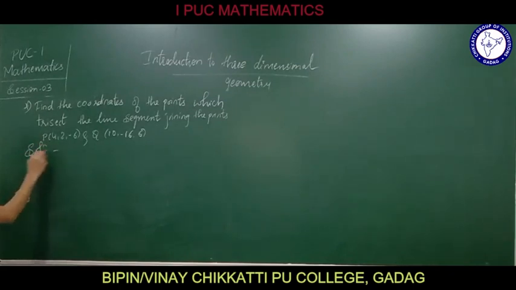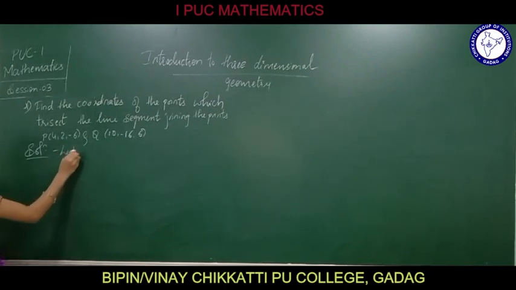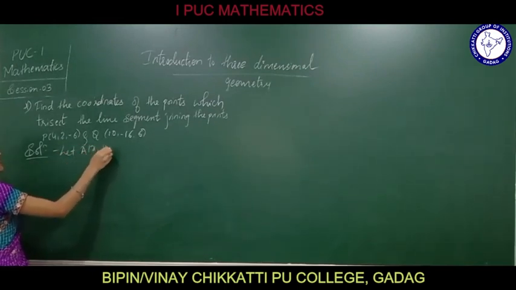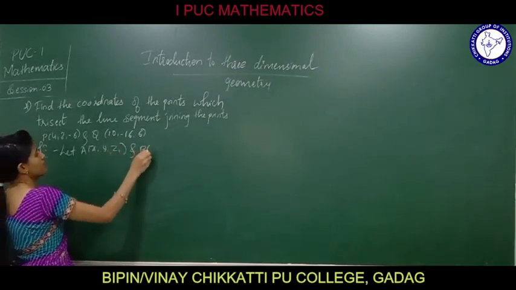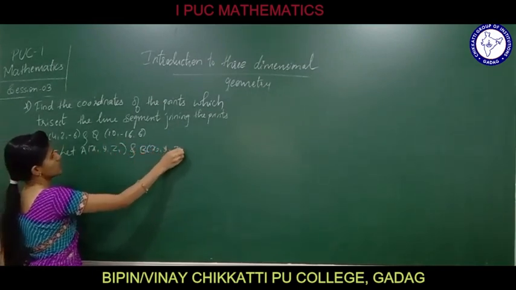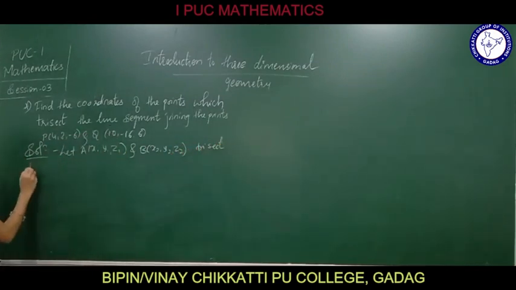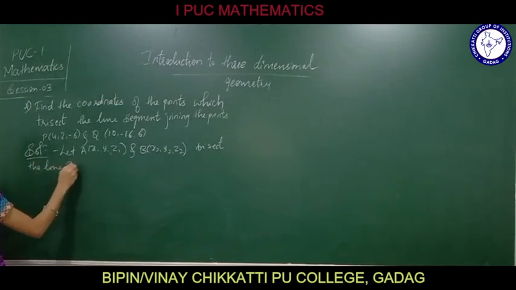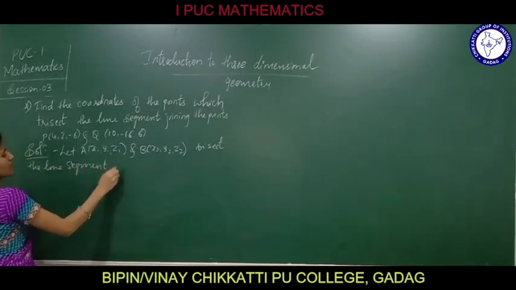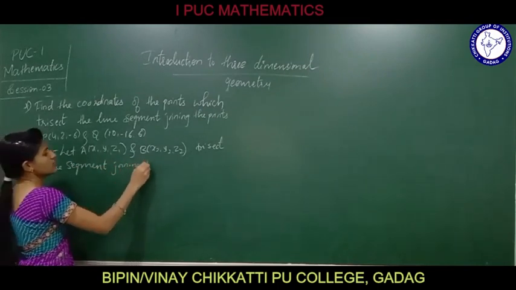Let us start finding the solution. What we are going to do is, let us consider these 2 points which are going to trisect the line segment. That is, let A of x1, y1, z1 and B of x2, y2, z2 trisect the line segment joining the points.